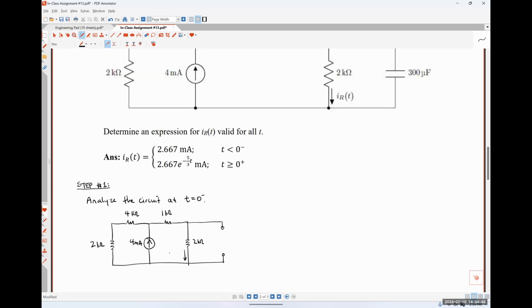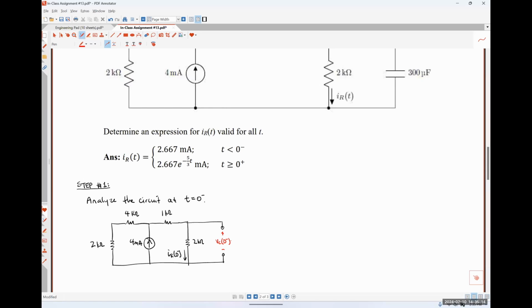Here's my resistor current, IR of 0 minus. That's what I'm interested in. But I'm also going to be paying attention to what's going on with my capacitor voltage at 0 minus as well. And that'll become more obvious when we get through subsequent steps in our analysis procedure.